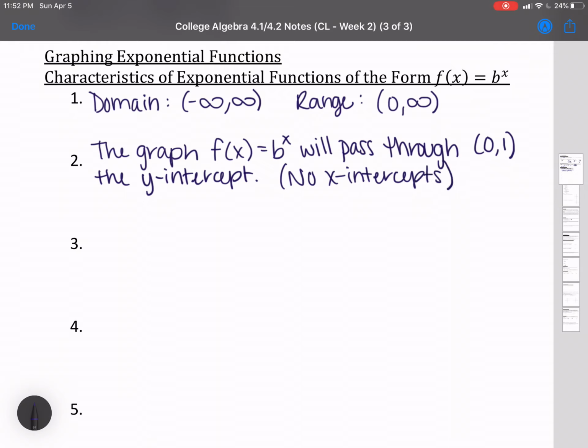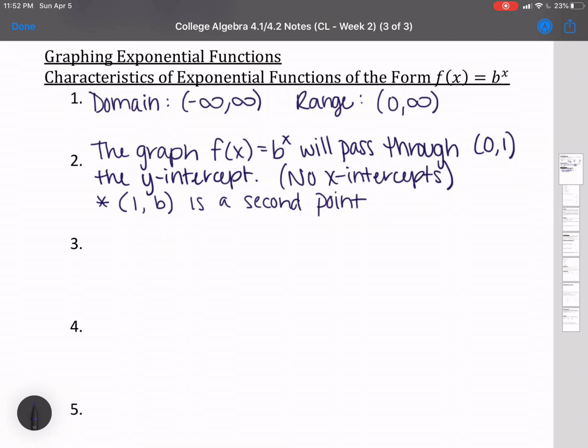So that's one of the key points that we're always going to use for the graph. Our general function is going to be at (0, 1). Your book doesn't really talk about it, but we will also always have the point (1, b). That's just an easy one whenever we're making our table to see what our graph's going to look like. And we'll look at that in a few minutes.